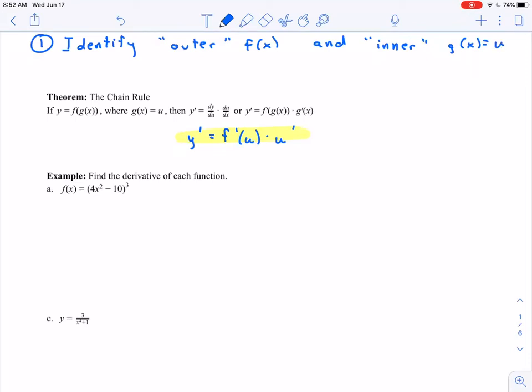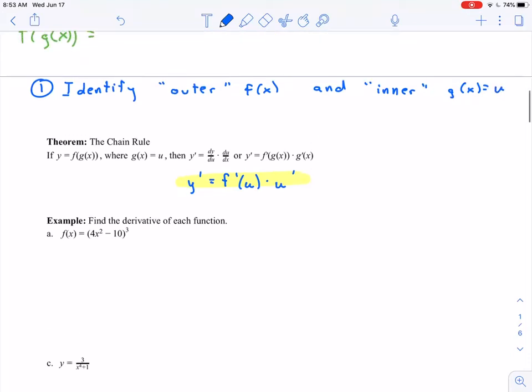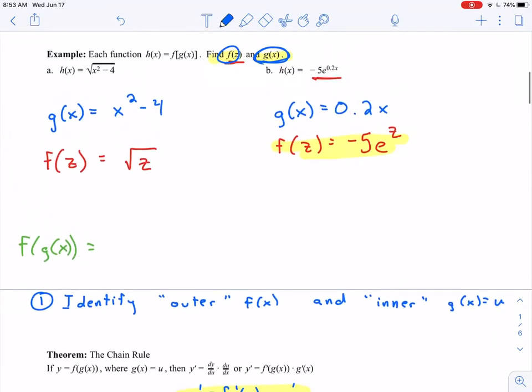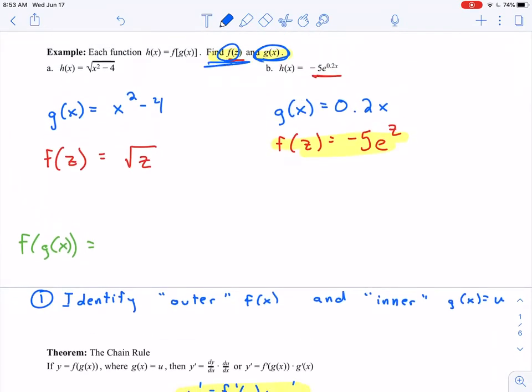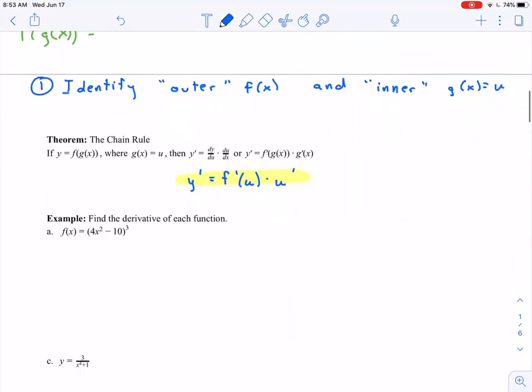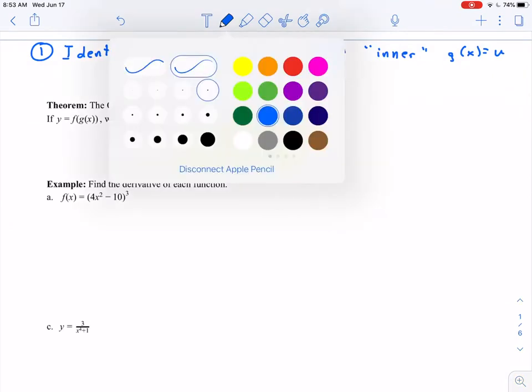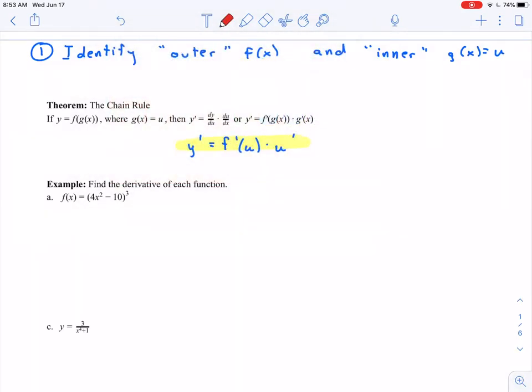So this is actually the same step that we were doing in the last example of the previous video, where I was looking for f of z, I was looking for g of x. It's the same exact idea that we were using here. Once you've identified your outer and your inner functions, in your second step, you're going to replace g of x with u.